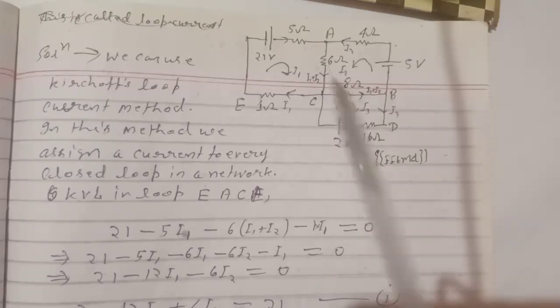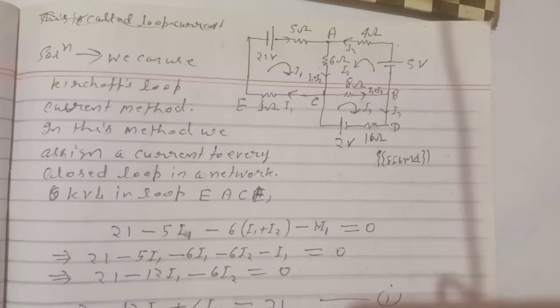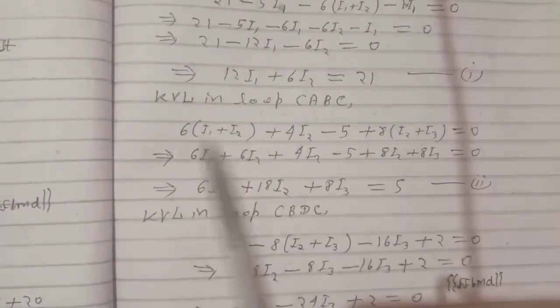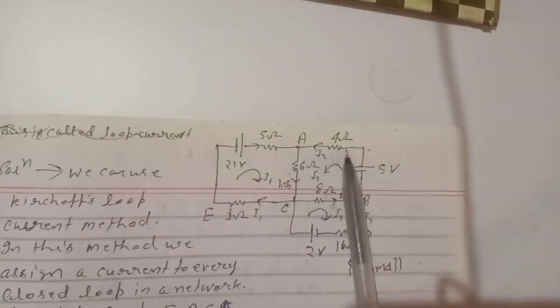So 6 into I1 plus I2. Now again we are going from lower to higher. This is at higher and this is at lower, so higher minus lower is positive, so 4 into I2.